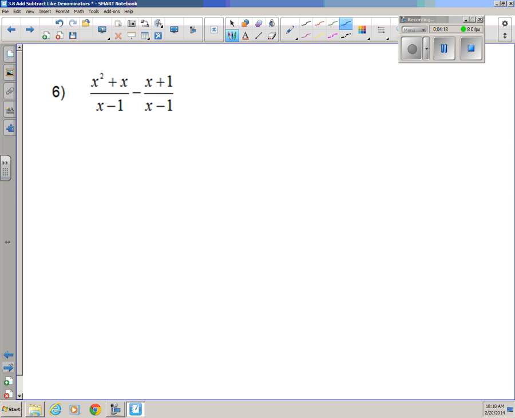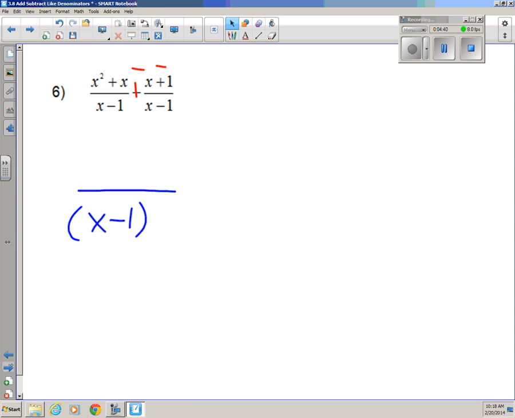Let's take a look at number 6. Common denominator, it's this factor of x minus 1. My numerator, and here's where I'm going to do something a little bit different, but not really. It is subtraction. I'm going to keep, change, change, which means I'm going to change subtraction to addition. This x becomes negative, this 1 becomes negative.